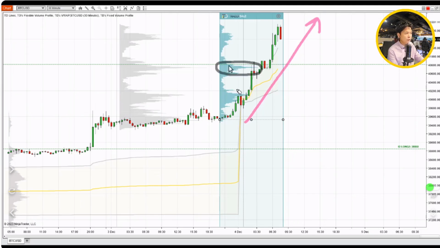So here you see a huge volume on this volume profile indicator, which indicates to you that around this price at 40,815, there are a lot of ticks. So there is a lot of volume being traded to the upside and also to the downside.